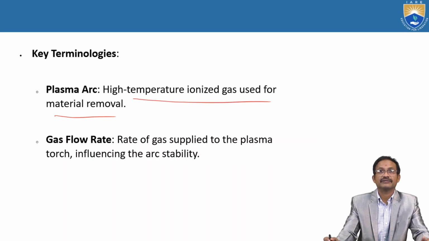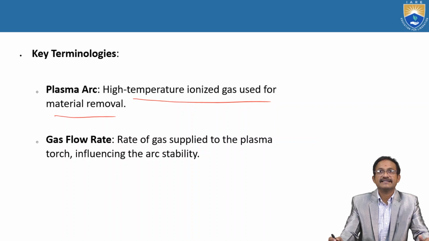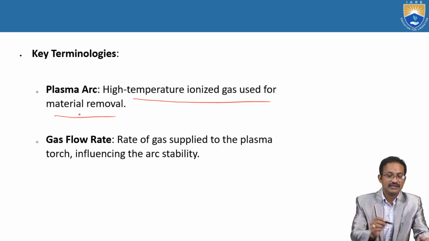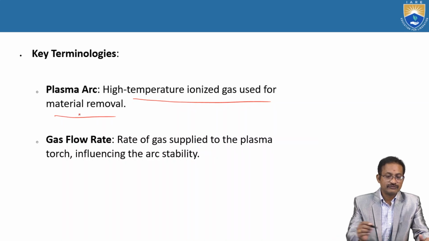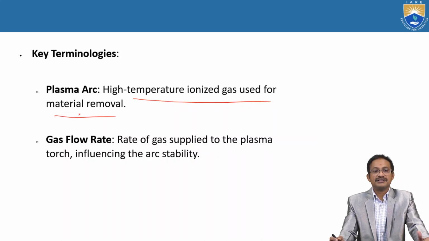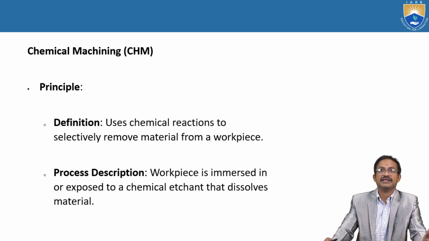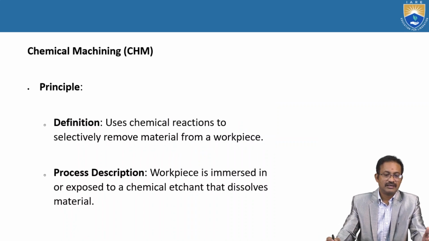Next, gas flow rate, the rate of gas supplied to the plasma torch, influencing the arc stability. So these are the key terminologies.